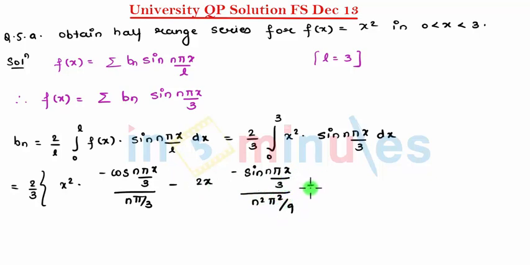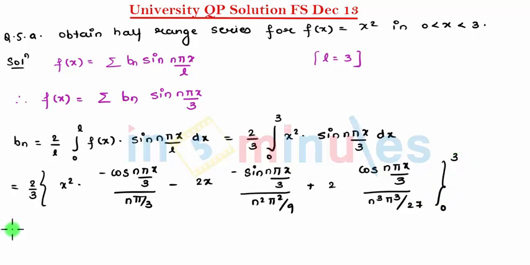Further, plus differentiation of 2x is 2. Integration of sine will be minus cos, so this becomes plus, and so cos of n pi x divided by 3 divided by n cube pi cube divided by one more 3, so that comes to be 27. The limits are 0 to 3.